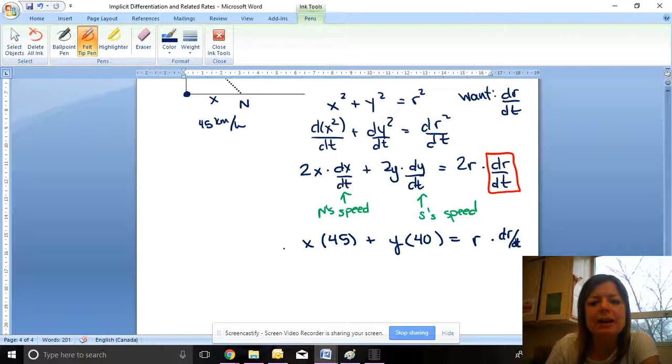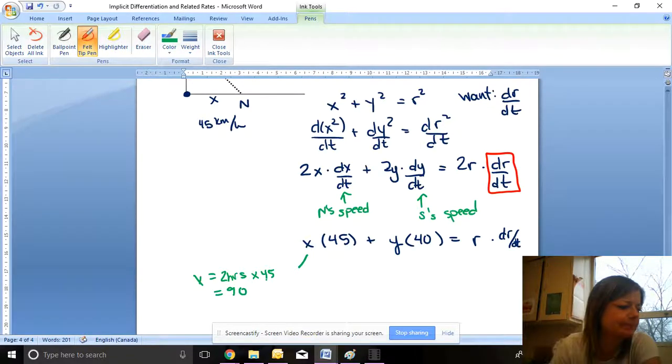But like I said, we actually know x, because that is the distance that Natalie has gone. Natalie has gone 2 hours at 45, so x is equal to 90.